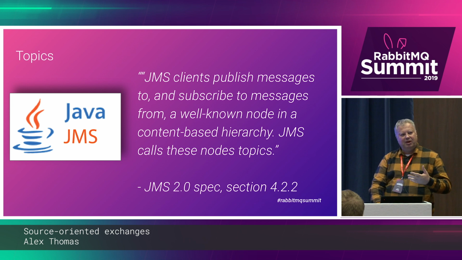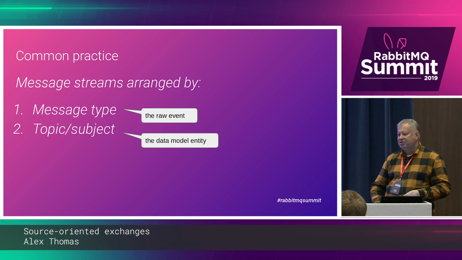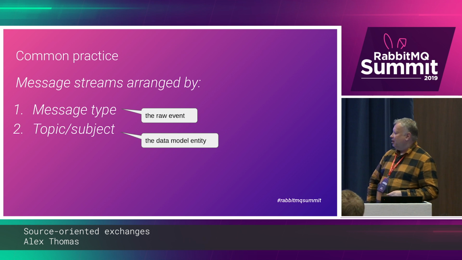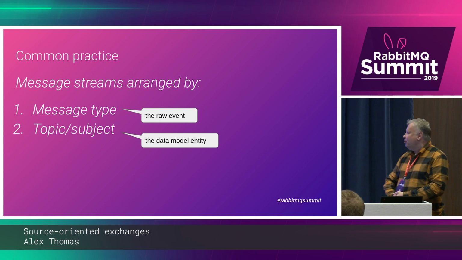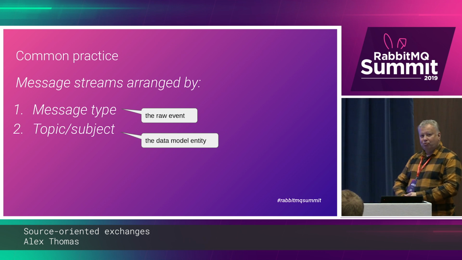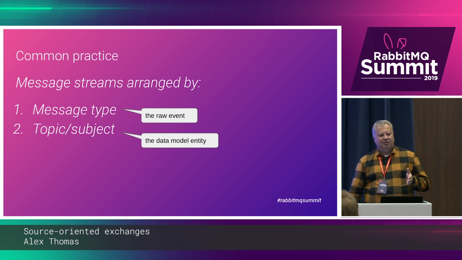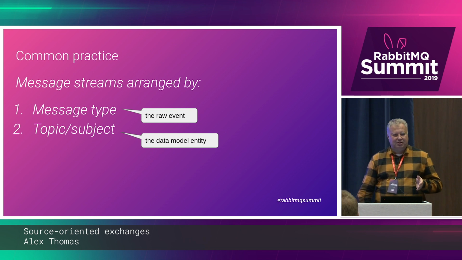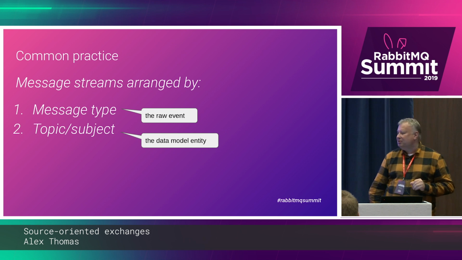So I think we're getting a fairly consistent message from these guys over the years, that they want your message streams to be chopped up into something that is either just the raw message type. If you had an order and then an order cancellation, then you might regard those as two different message types and put them down separate queues.